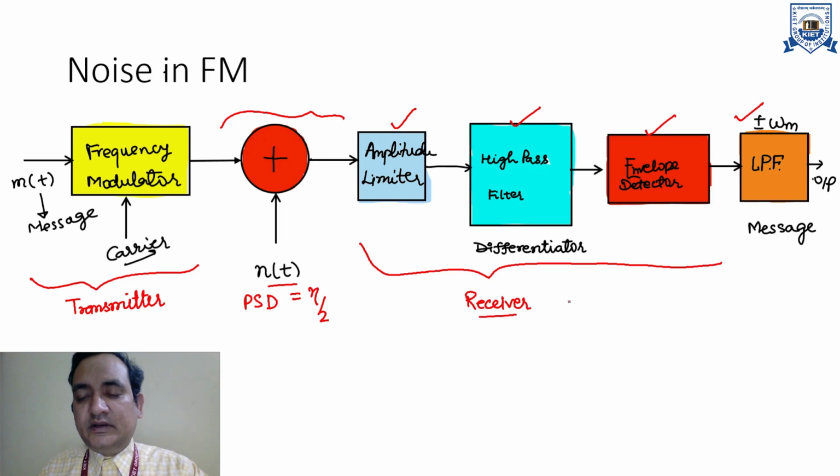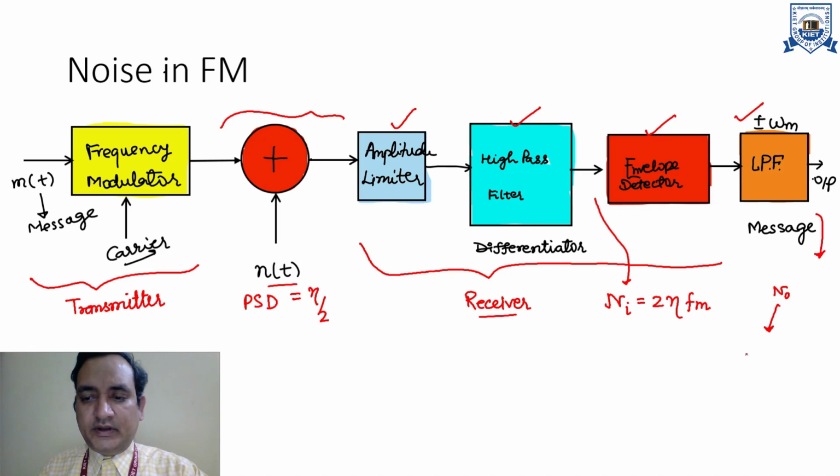I've calculated the noise input after the high pass filtration, that Ni, which is the noise power, is given by 2 eta and Fm, and at the output of the low pass filter, the power spectral density at this point is given by k square upon A square, that is AC square, S of nq omega.